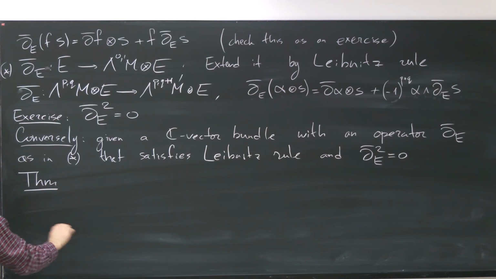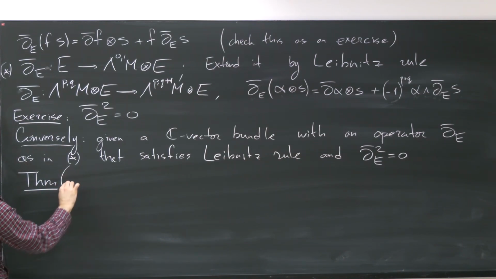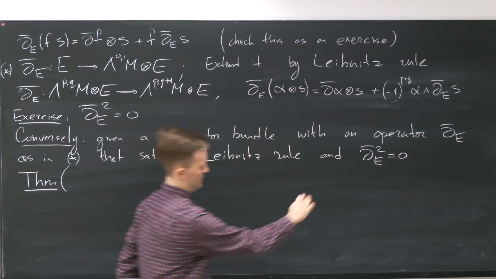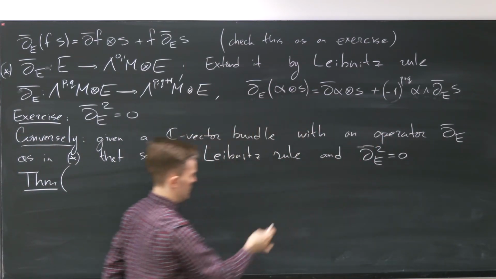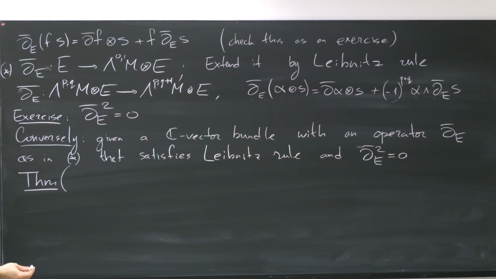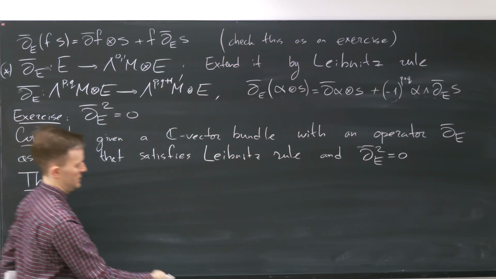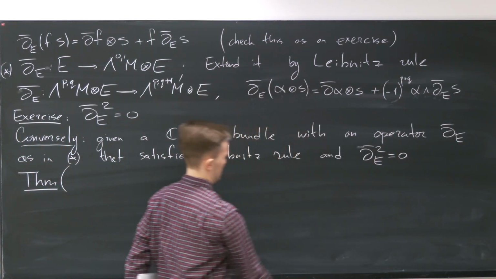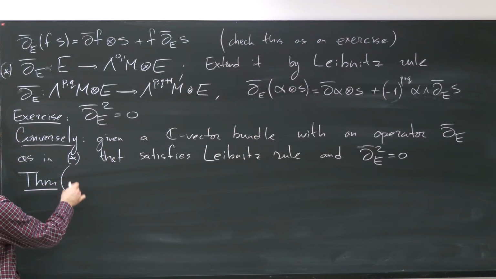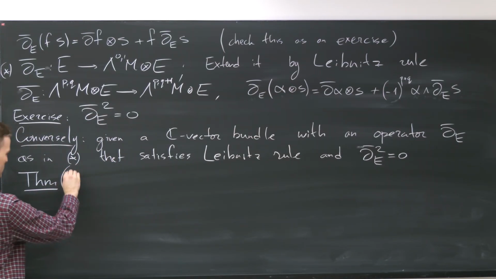It's similar to this theorem we discussed last time of Newlander and Nirenberg, in the sense that it constructs some kind of a holomorphic trivialization of a bundle from the existence of some additional data. In this case, this del bar operator that satisfies this condition. So the theorem is attributed usually to Koszul and Malgrange.